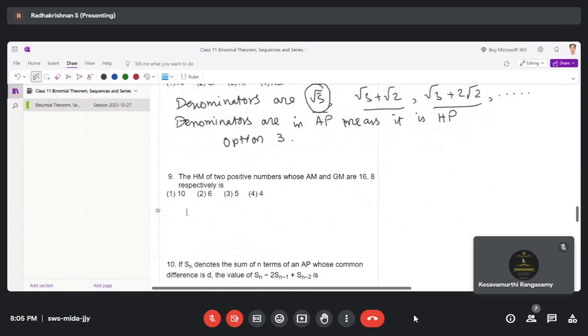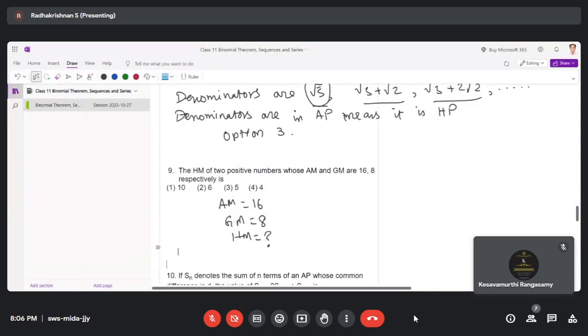The HM of two positive numbers whose AM and GM are 16 and 8 respectively. It is the same, similar problem we just now did. So you should be able to tell it now. AM is 16, GM is 8. What is HM? So what is the relation formula?